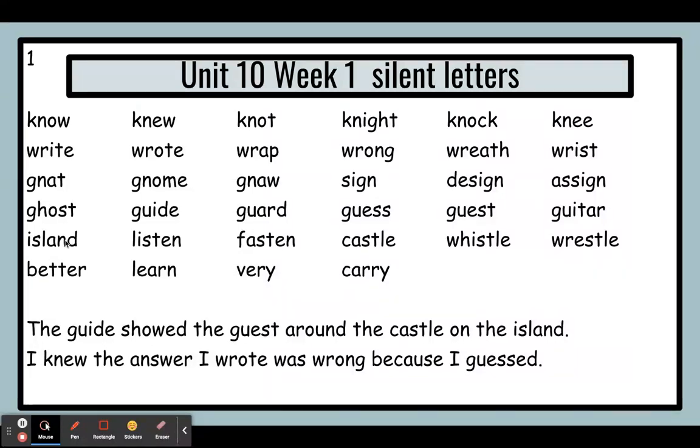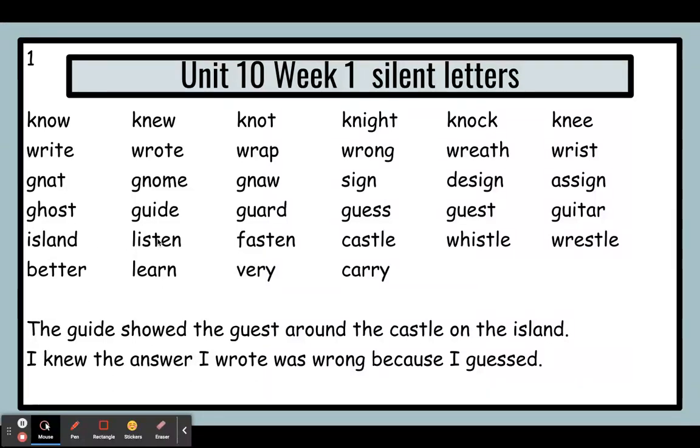Okay, the next line has a silent S here, and then the rest of these words have a silent T. So let's go ahead and do this one. This is long I. I is the first syllable. The S is silent. Second syllable, land. So we have I, land, island, island.